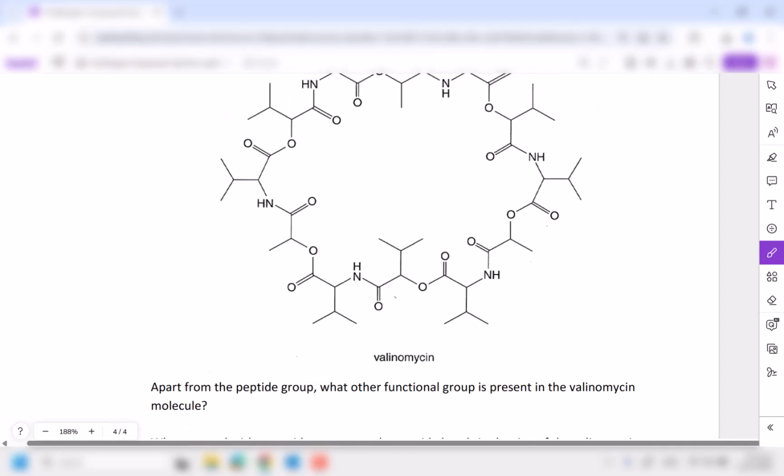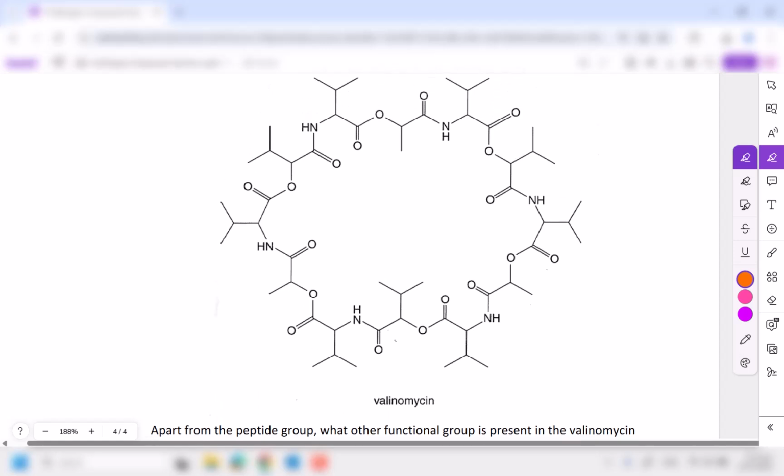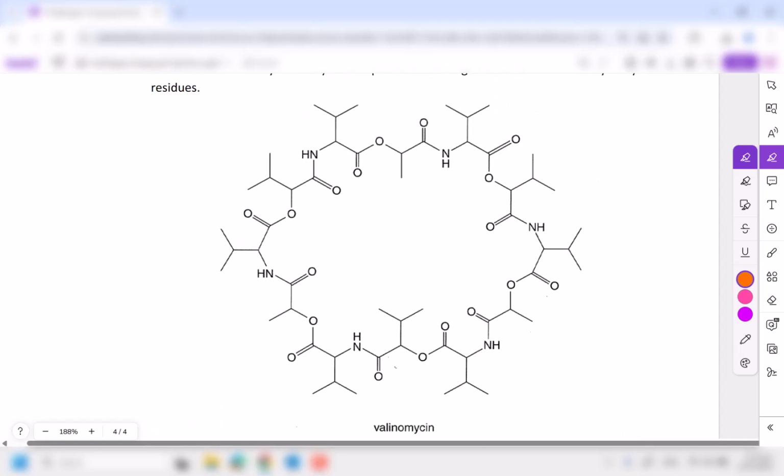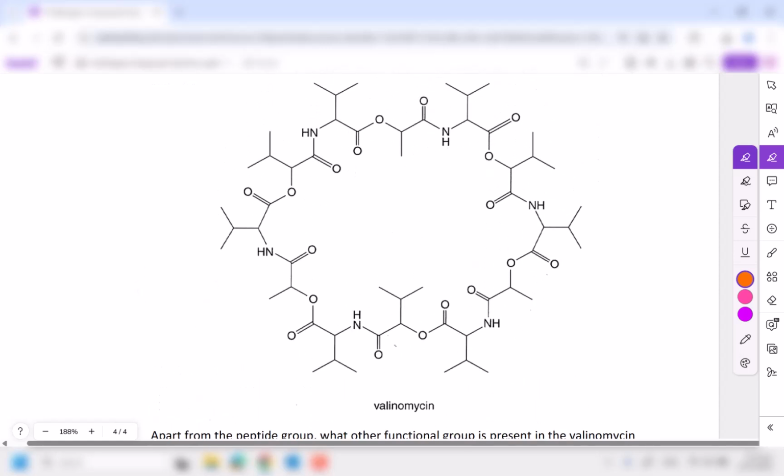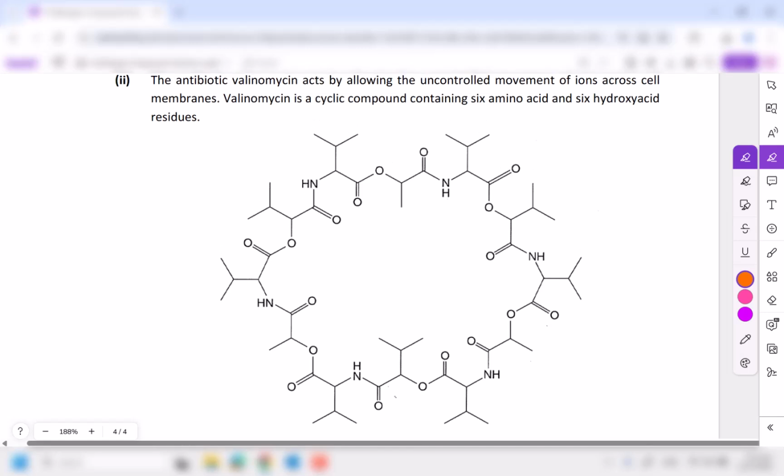Okay, so perhaps I can just highlight those functional groups that are present. Okay, so besides the amide, the peptide linkages, so I have esters. Okay, so I have several esters. Okay, so I'm just going to highlight in orange. Okay, a couple of esters around.